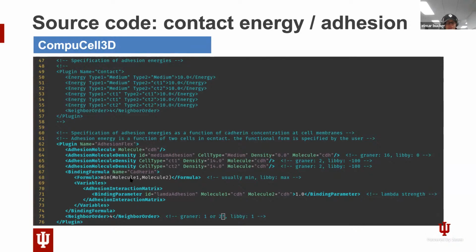Good. So you can think about two cells that are in touch with each other. One cell has more cadherin molecules than the other one, and the minimum will be the one that dictates how strongly they stick together. Then you have this lambda factor, the kind of strength factor that brings the whole thing into relation for the whole model, and this one we set to 1.